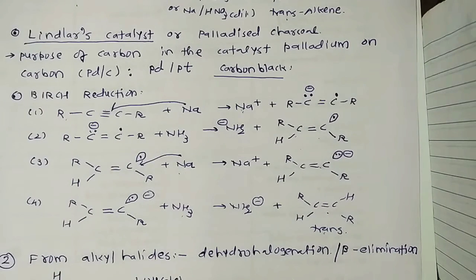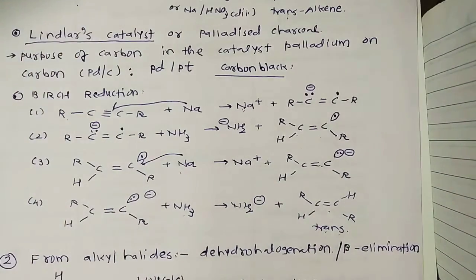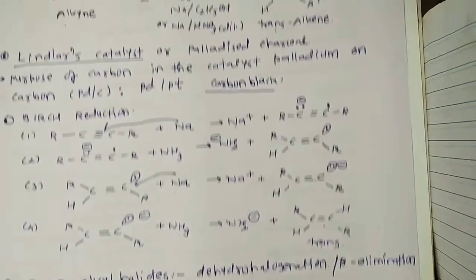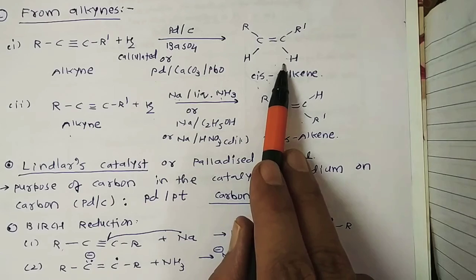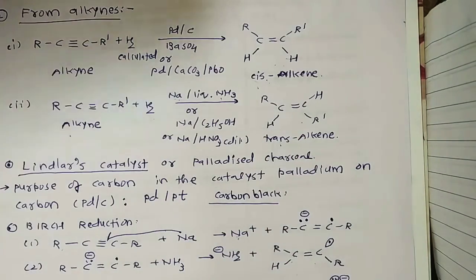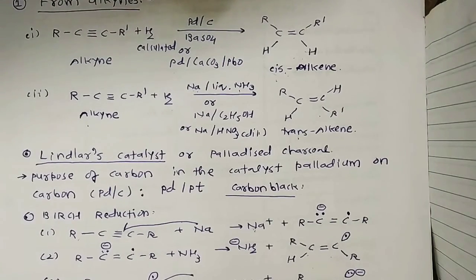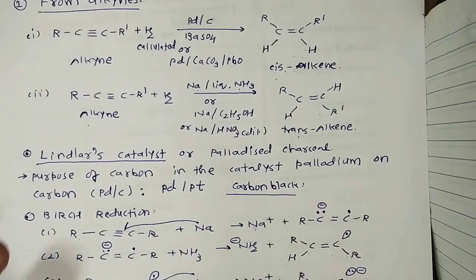That's why hydrogen is added at opposite positions, so we get trans. While in Lindlar's catalyst, we get cis because hydrogens attack directly on the same side. So this is all about the mechanism of Birch reduction, giving two different types of product.